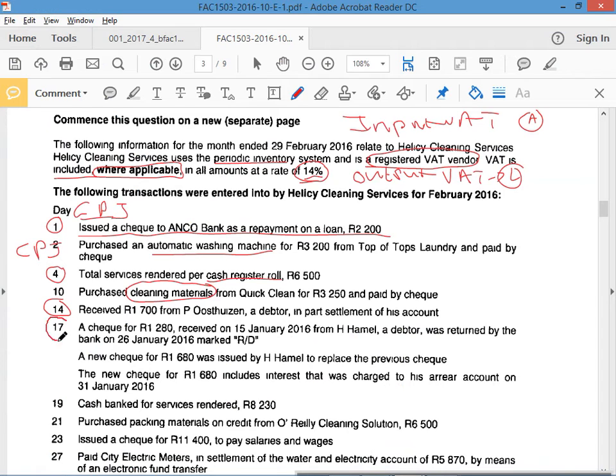Next, a check for 1280 received on 15 Jan from H. Hamill, a debtor, was returned by the bank marked RD check. Okay, obviously you guys will learn about RD checks when we cover theory related to the bank reconciliation. An RD check is a dishonored check. What does that mean? Well, that means someone wrote out a check, they gave it to you.